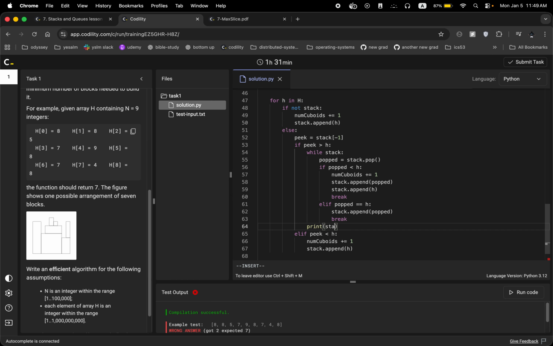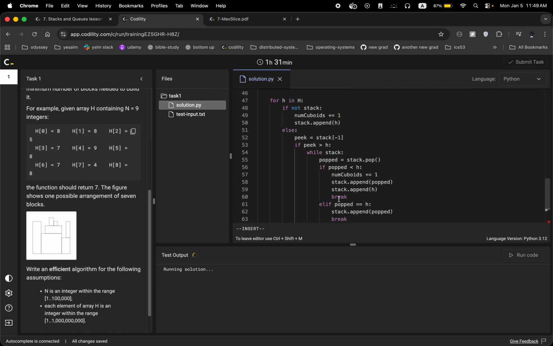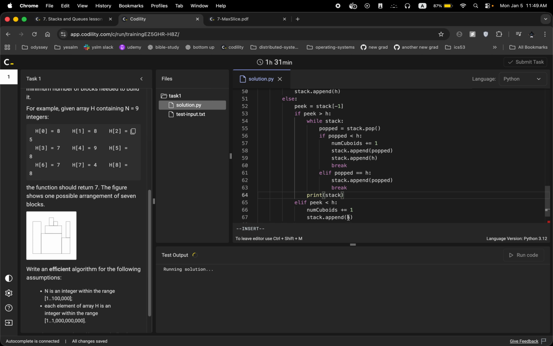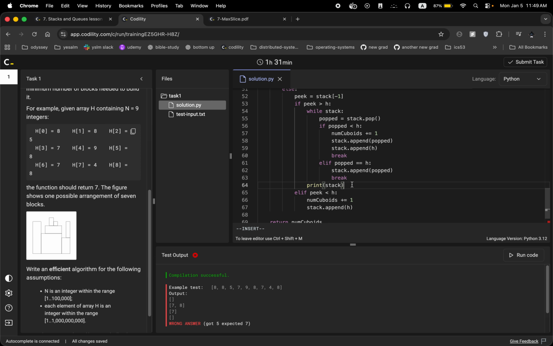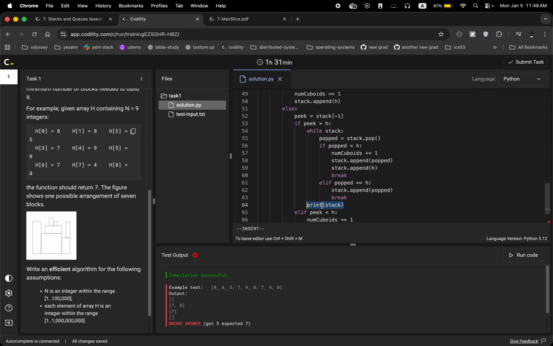So if we print the stack here, I'm pretty sure it'll be empty. So we need to take care of that case. Yeah, it'll be empty. So we need to still add 5 to the stack.